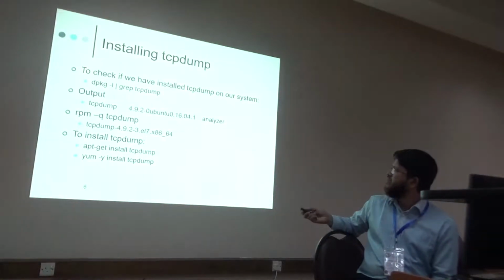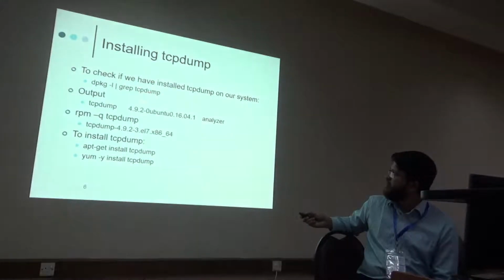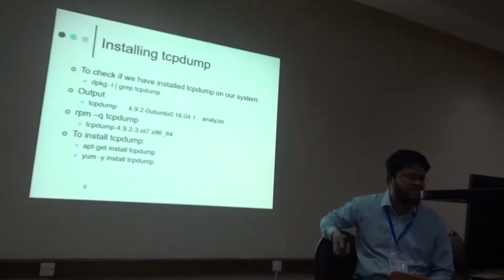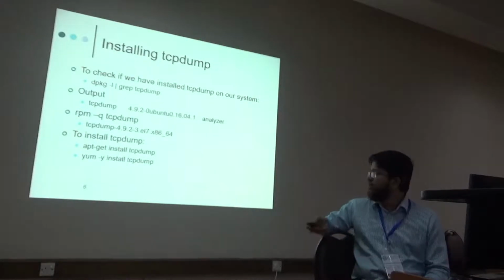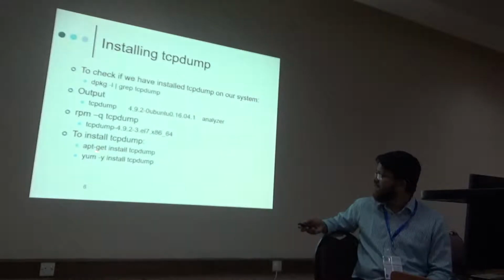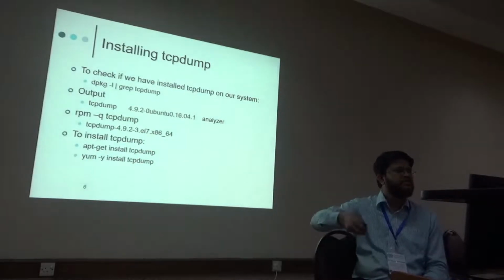First we can check with dpkg -l tcpdump. If TCP dump is installed, it will show you the information, what version is available in the system. And if it is not available, we can install it with apt-get on Ubuntu: apt-get install tcpdump. It will automatically install the whole thing.